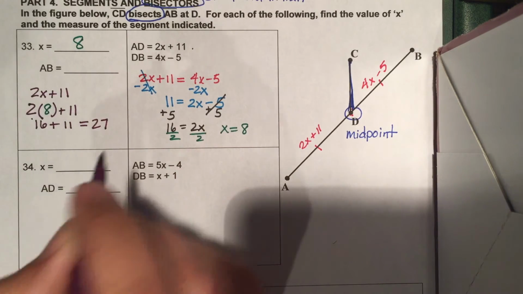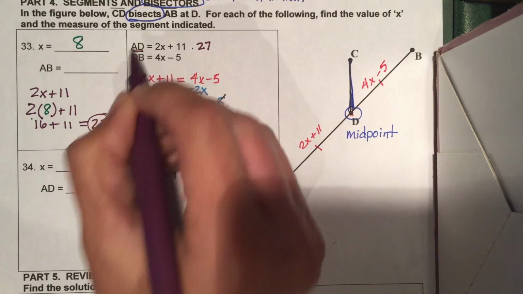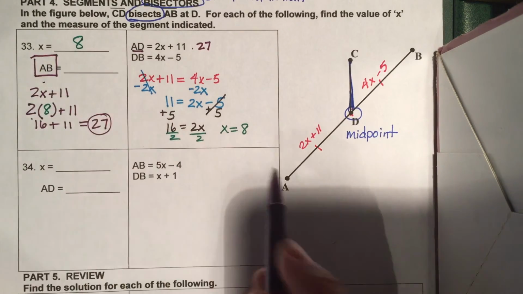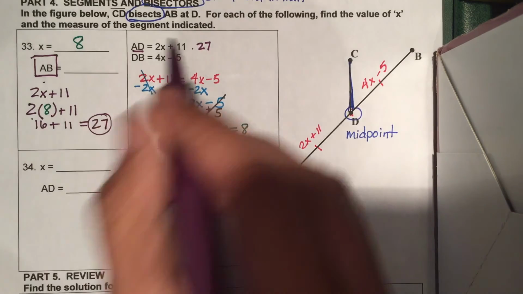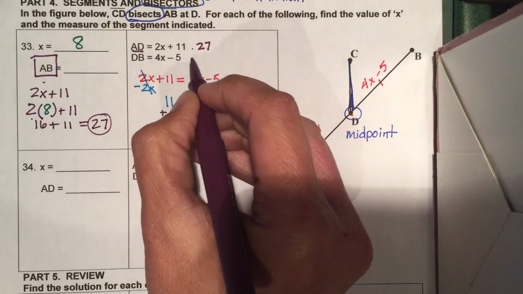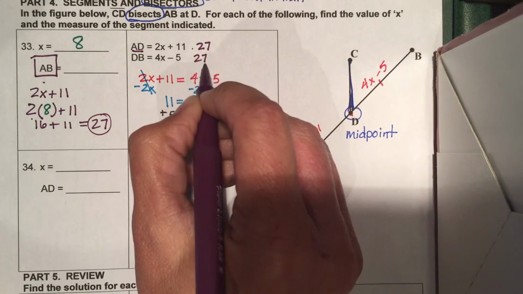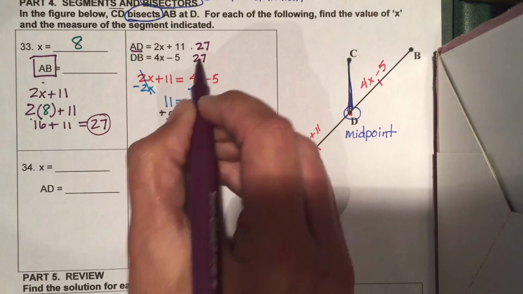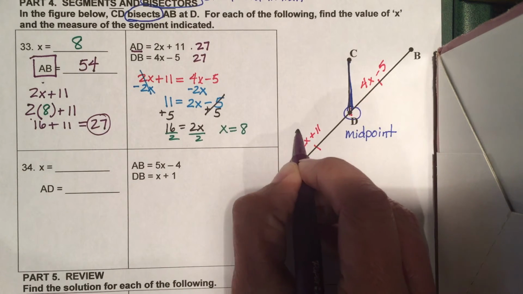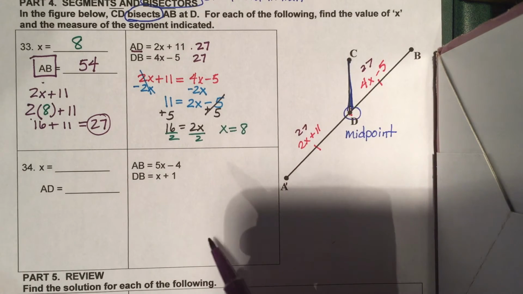But be careful. What does 27 represent? 27 is the length of AD. What is it asking you to find? AB. The entire segment. Well, we know D is in the middle already. So if AD is 27, that means that DB should also be 27 because they're equal. So 27 plus 27 is 54. If this is 27 and this is 27, the whole thing from A to B is 54.